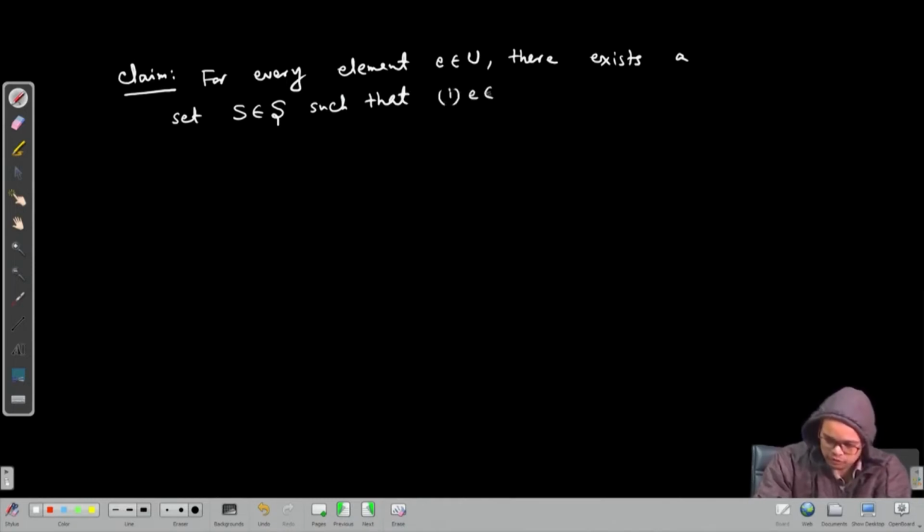The element E belongs to S, and 2. X_S is greater than or equal to 1 over F.